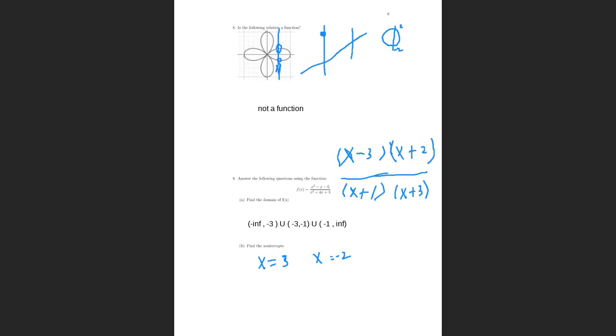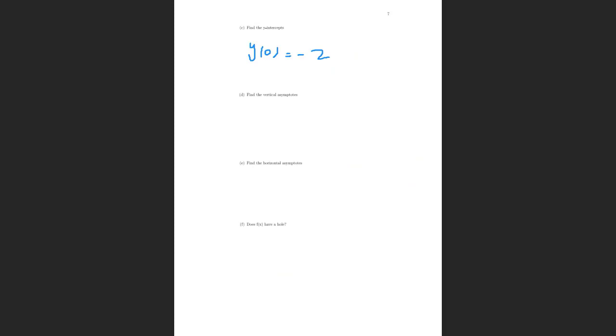So y of 0 equals minus 2. Let me just double check to make sure I'm not writing the wrong thing. Minus 3 times 2 is minus 6, and 1 times 3 is 3. So minus 6 over 3 is minus 2, and I wrote a minus 2. Yep, so we're good on this.